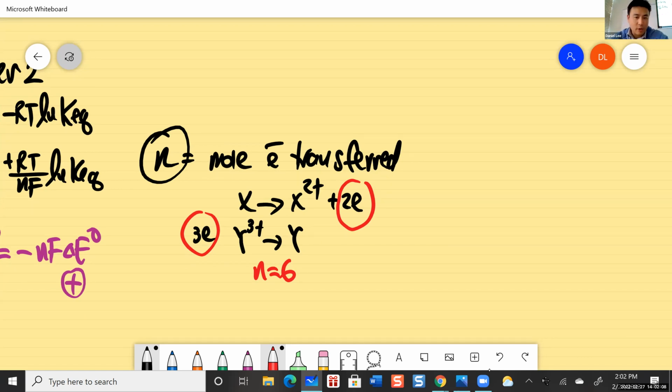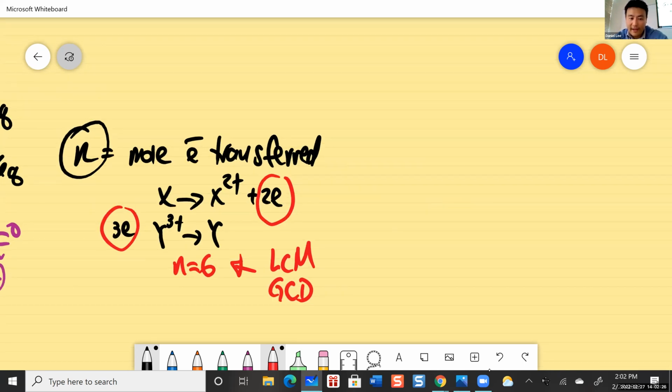So 6 electrons transferred. Do not add them. It's not 2 plus 3. It's the lowest common multiple, or greatest common denominator, whatever it is, it's going to give you 6. And what if I have this one?